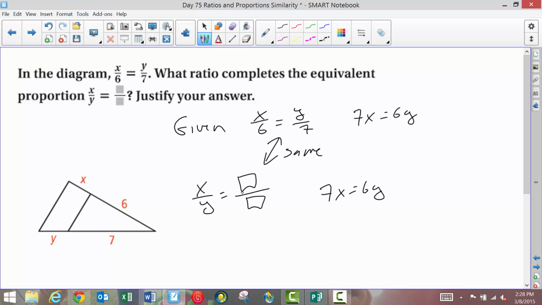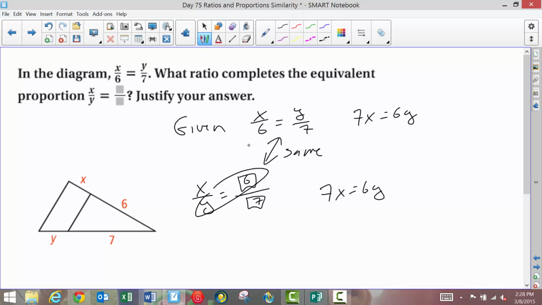Well, that means when I do the cross products, 6 goes here and 7 goes here, because I get 7x equals 6y, which is what I needed from the given proportion. The diagram doesn't even really need to be in this problem, but we will get to that later on in a couple lessons.